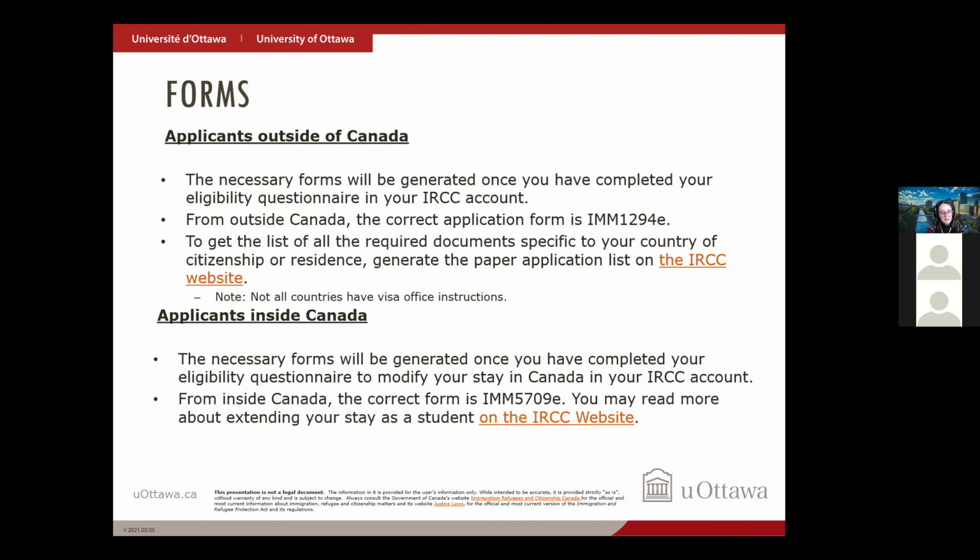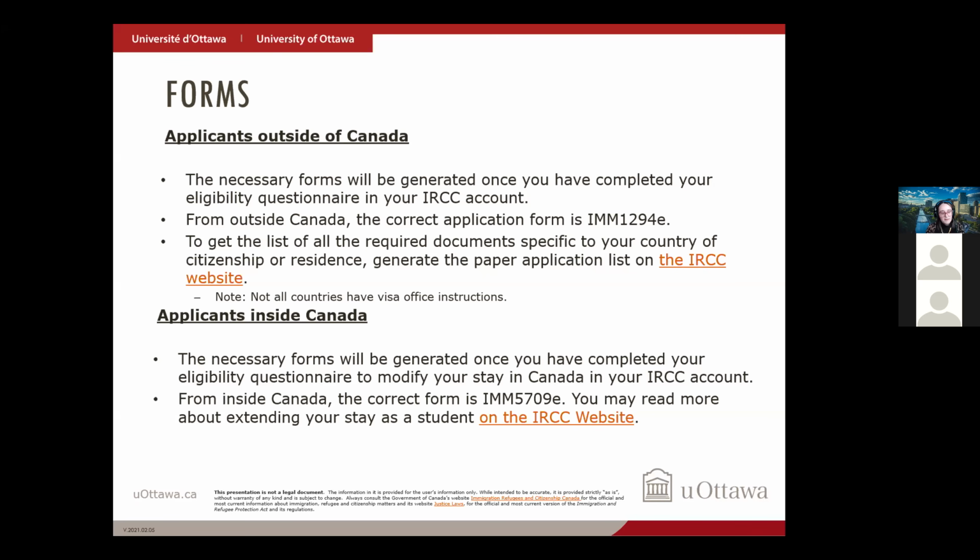Okay. Speaking of forms in your checklist, let's talk a little bit about the application form itself. It's different depending on whether you will be applying from outside Canada or inside Canada. If you are outside Canada, either way, once you use your IRCC account and you fill out the questionnaire, your answers to the questionnaire will basically help IRCC generate the right application forms for you.